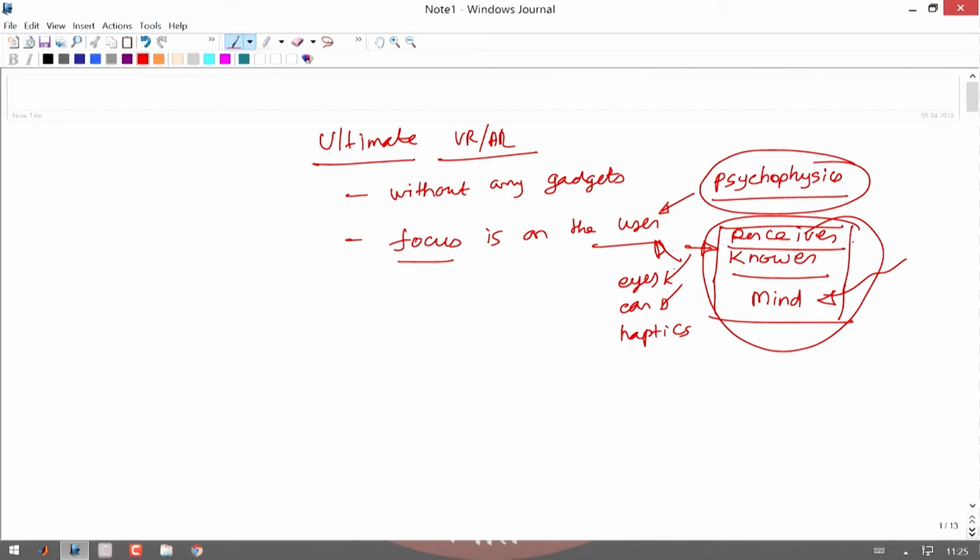So, we need to move from the periphery to the interior. As of now, the state-of-the-art research in virtual reality and AR is at the periphery stage: eyes, ears and haptics, but future technologies can move into knowing the mind directly.